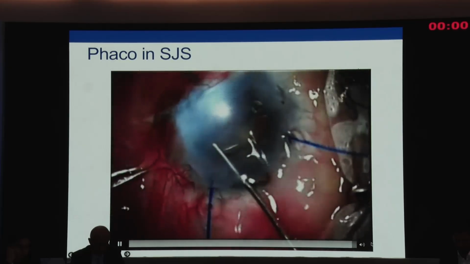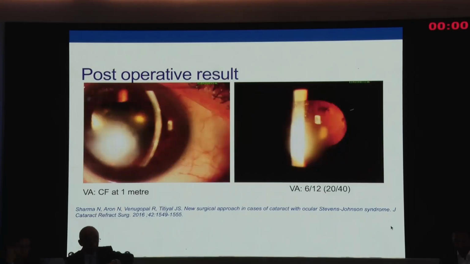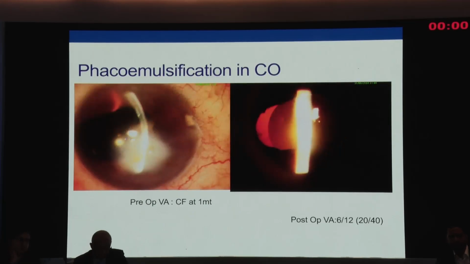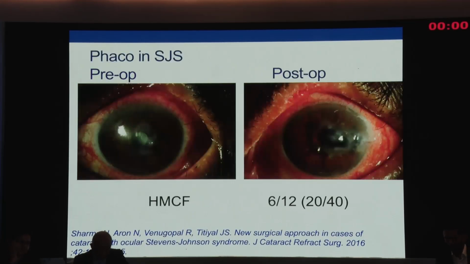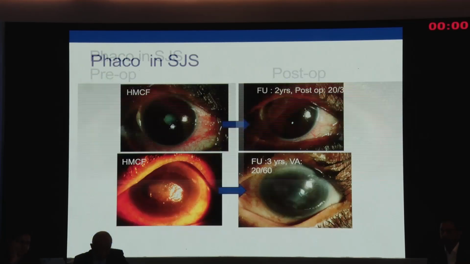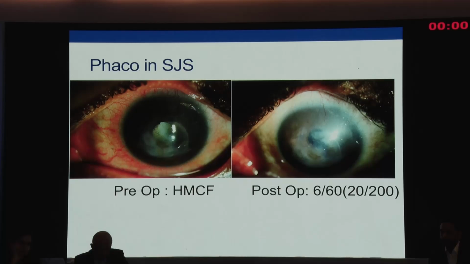If you do corneal transplants for SJS, then they're sure to fail. So this is the post-operative result with good results. I'm not saying an eagle's eye vision, but for the patient to become functional and to actually do his or her daily activities.